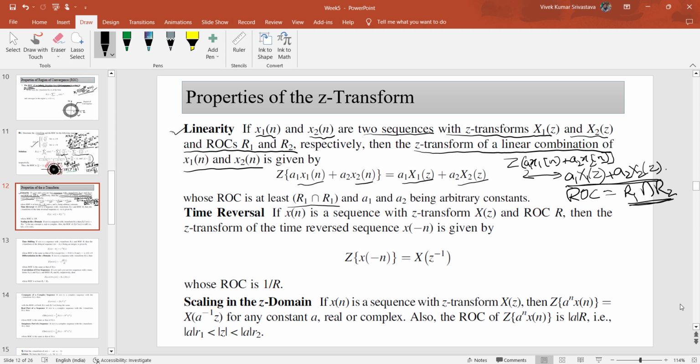So this is the first property, the linearity property.